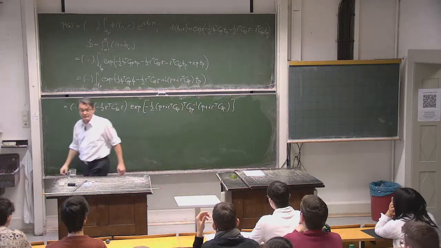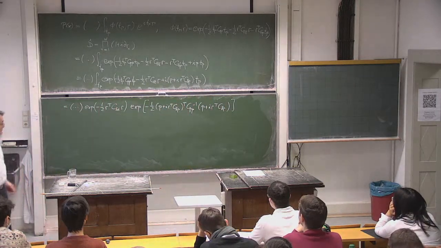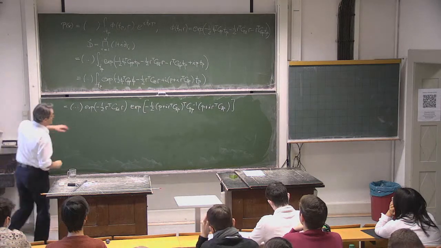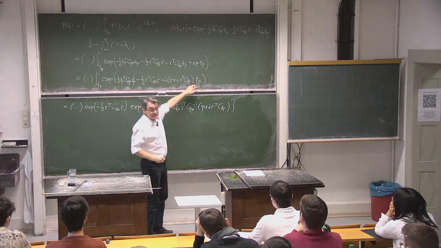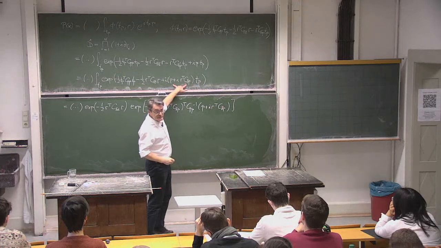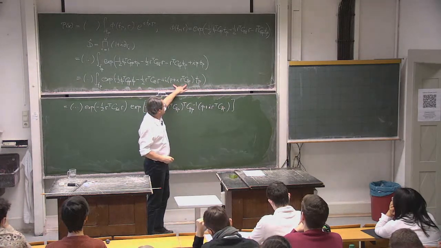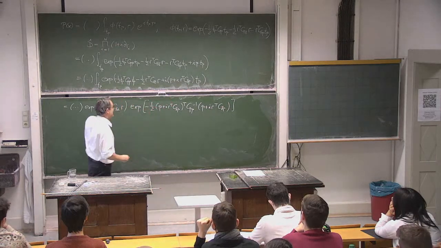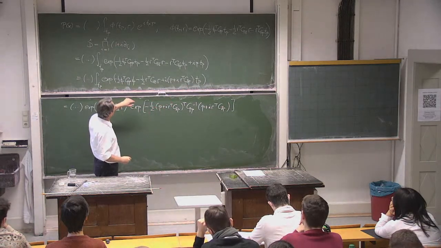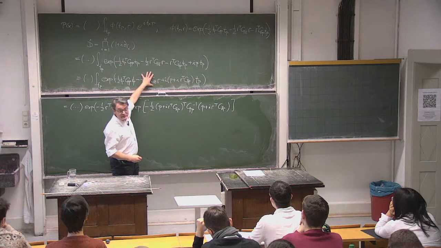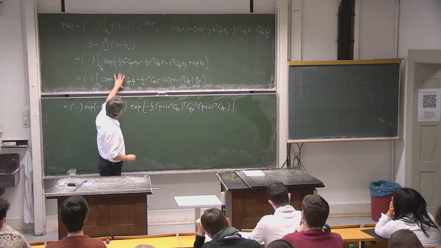And that is it, right? If you have difficulties with this step, this is just our new wave vector. All right, we have factored this out. We have a Gaussian.